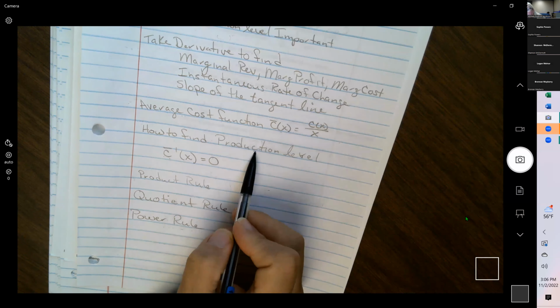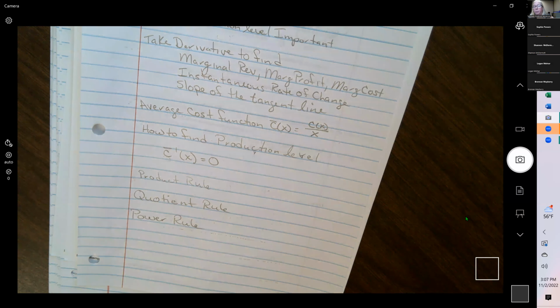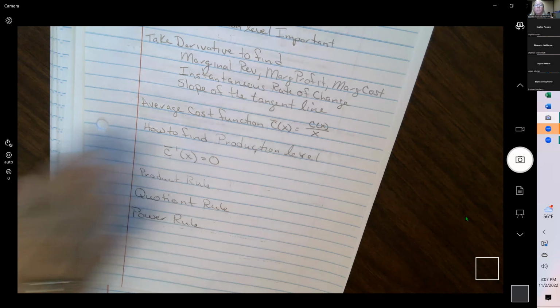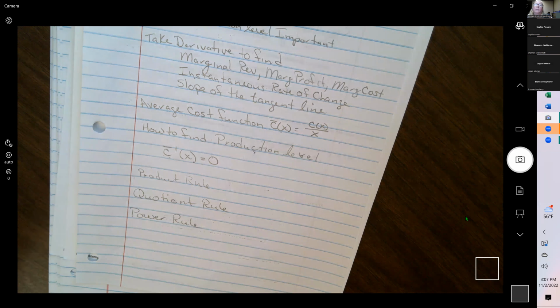So production level tells you how many you should produce to have a minimum average cost. Once you find that production level, to find the minimum average cost, you just plug it into the average cost. Any questions on that?